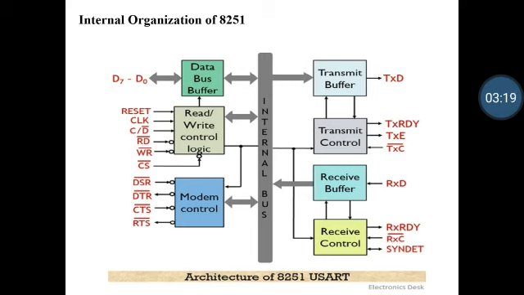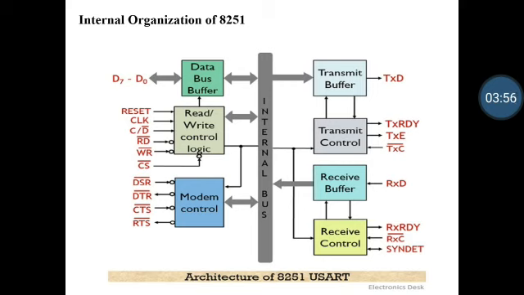For example, our PC, that is the computer, transmits data to the display device. This is the simplex mode of transmission. Means the data that is sent by the computer is only displayed on your display unit, right? This is the simplex mode of data communication.